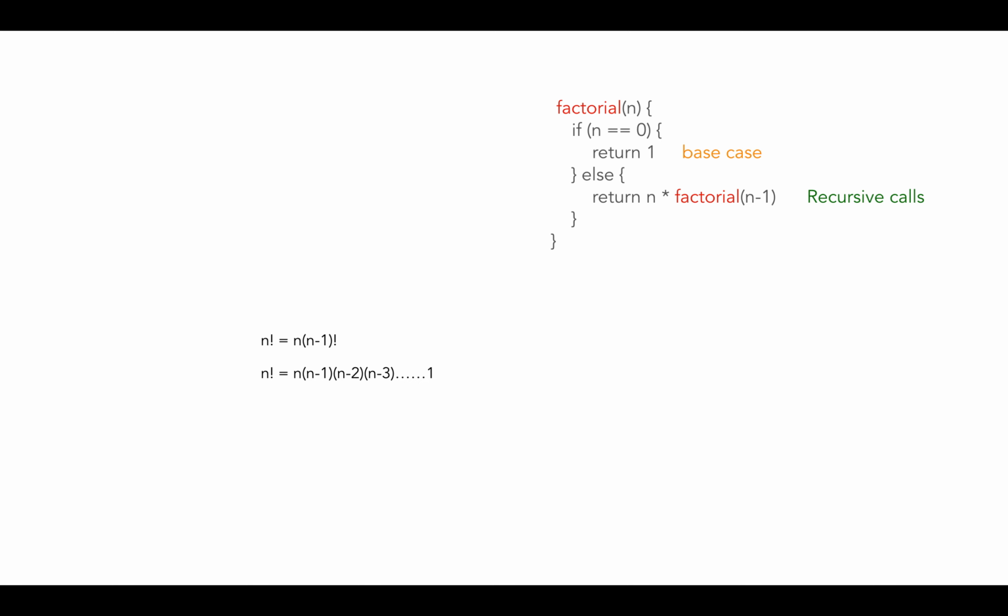So this is the formula, right? If you create a method that calculates the factorial of n, you can use the same method to calculate the factorial of n minus 1, and the factorial of n minus 2, and so on until the value of n reaches 0. And the value of factorial 0 is 1.